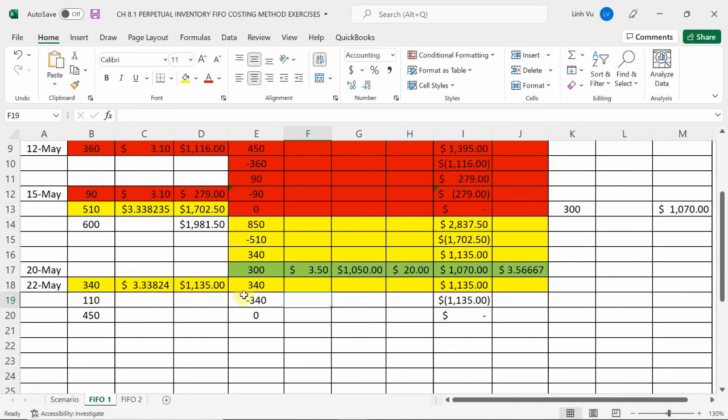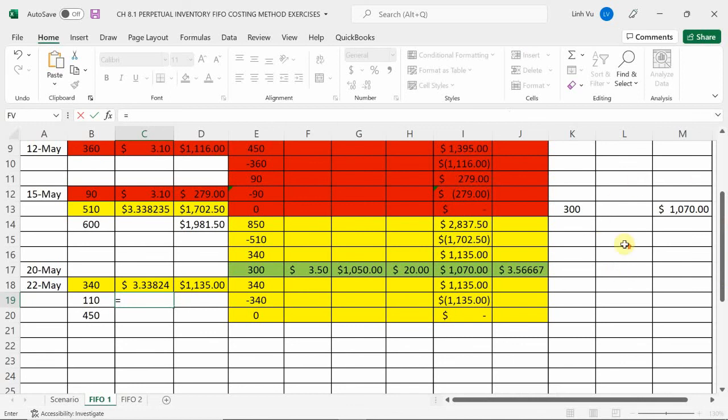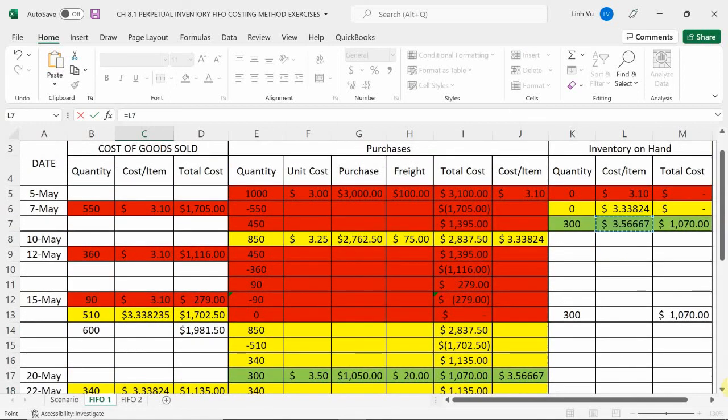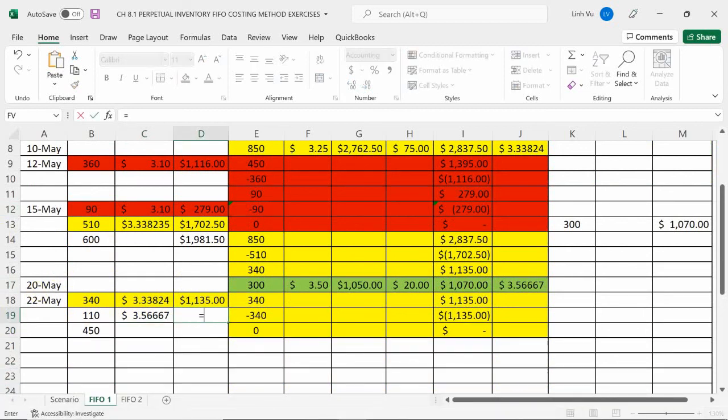And I got 110 that I need to sell from my green batch of inventory. Okay? So, right, 110, what is my cost per item right now? Well, my cost per item is that 3.56666666, right? So I'm going to equal round this formula. How much is going to be my total cost of goods sold if I sold 110 items at, excuse me, I cannot read, 3.56666666? 392.33.